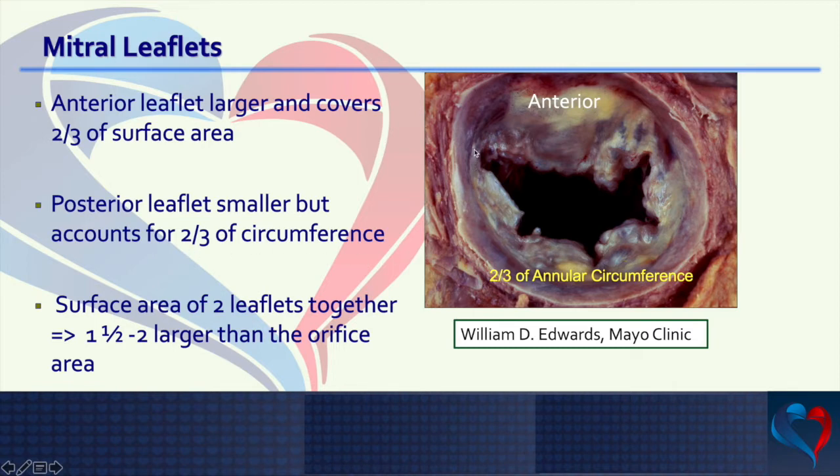So here the posterior leaflet is covering 2/3 of the annulus of the mitral valve. When you look at the surface area of the two leaflets together, they are actually about 1.5 to 2 times larger than the orifice area.